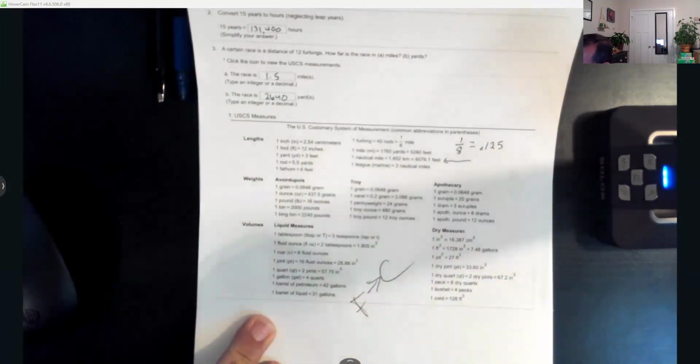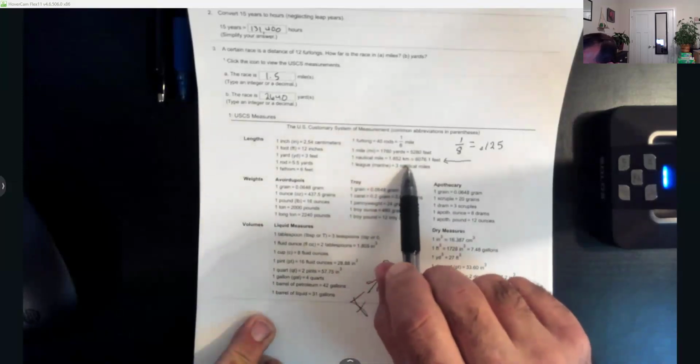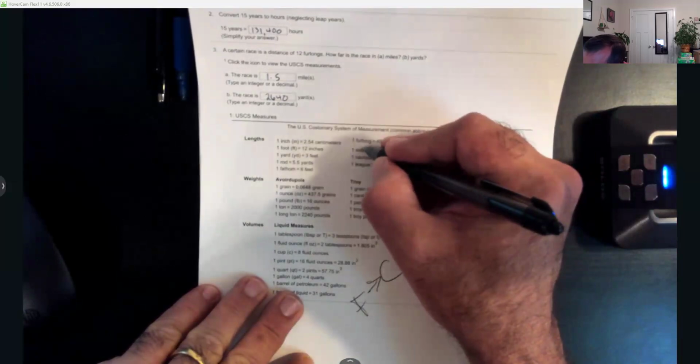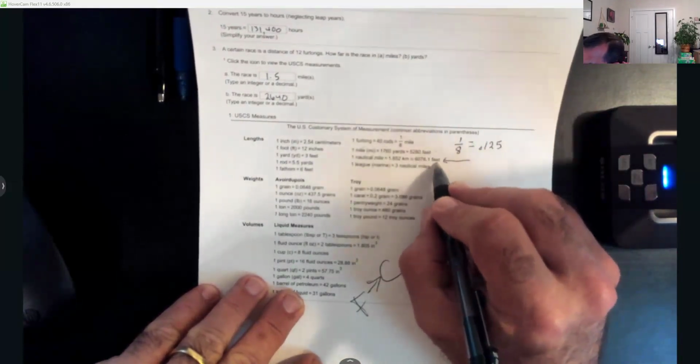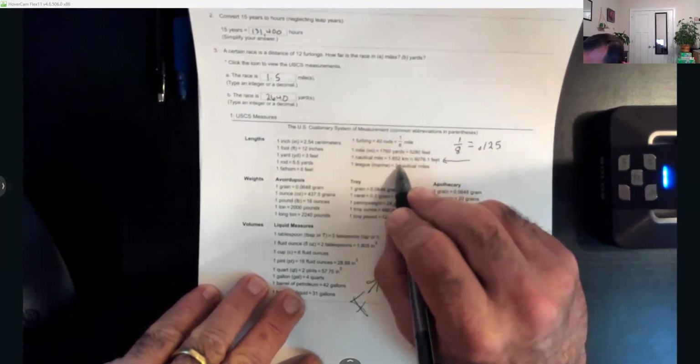Ooh, I'm trying to think which way I would go on that, y'all. So it looks like I can do 1 mile into feet and then change my feet into kilometers using that conversion, okay?